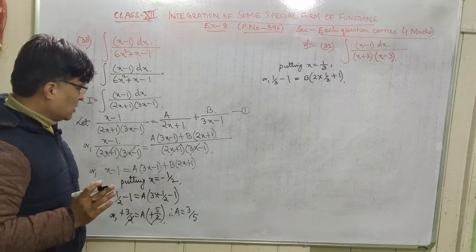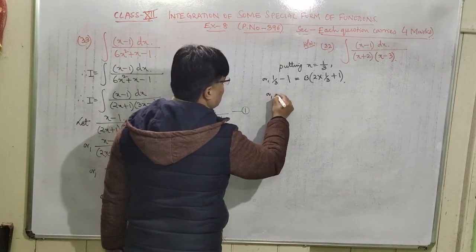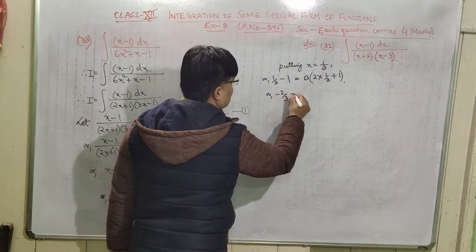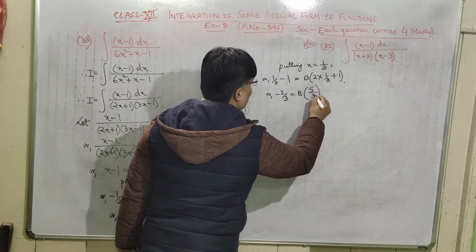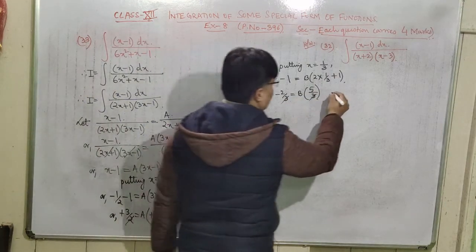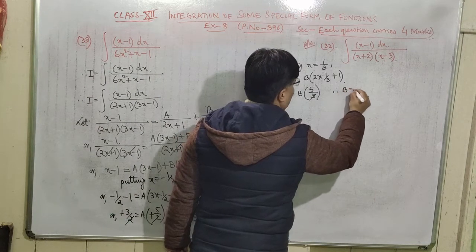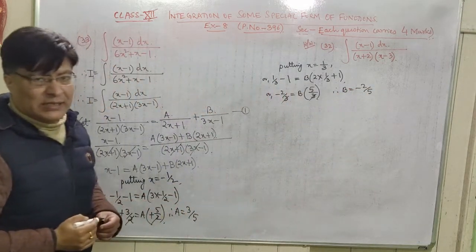So I think you have understood it. Let us simplify it now. This is minus 2 by 3, simplified, B into, now this is 5 by 3. So here 3 gets cancelled. So what is the value for B? Therefore B is equal to minus 2 upon 5. So we have got the value for B, right?